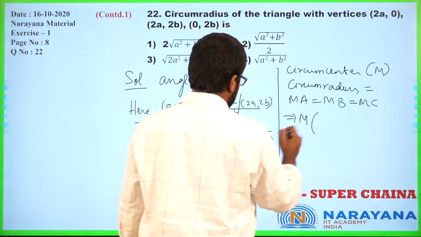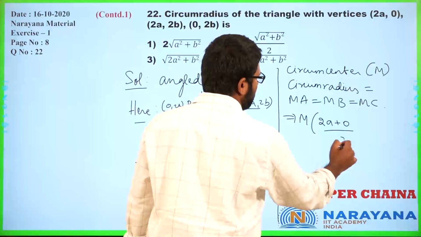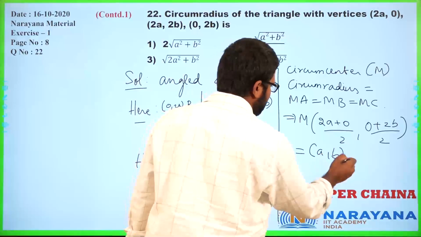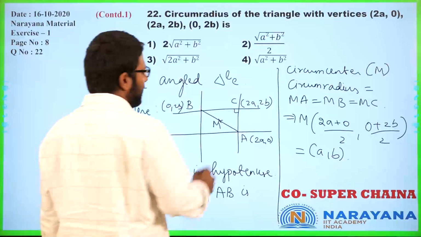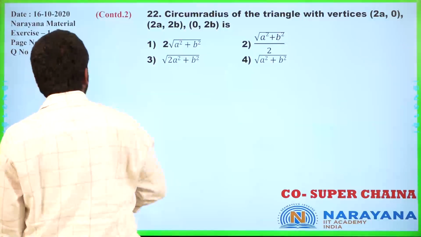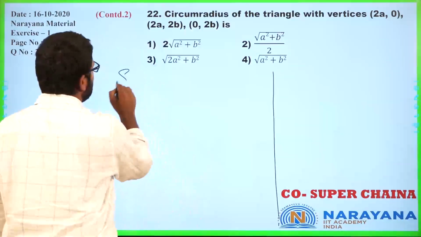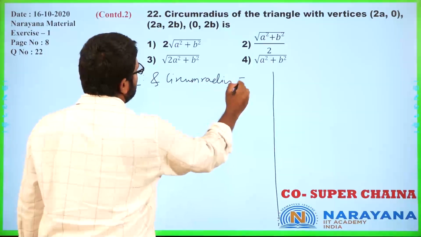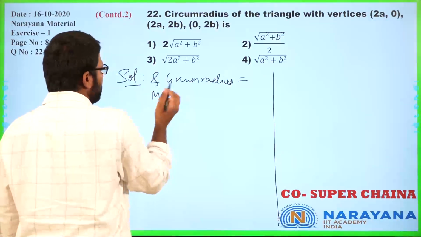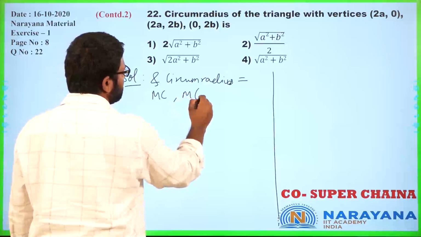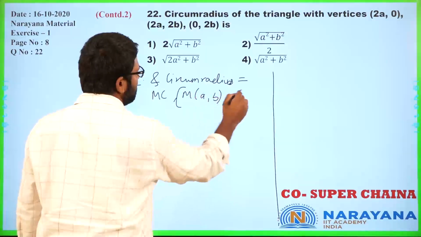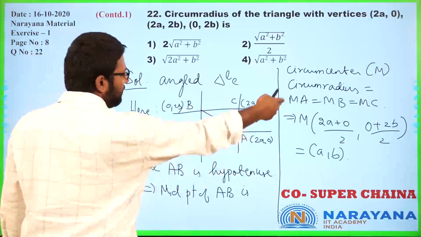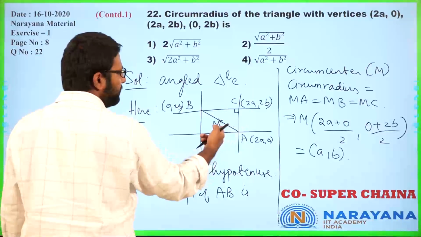M would be (2a plus 0) upon 2 comma (0 plus 2b) upon 2, which is basically a comma b. So M is a comma b, and circumradius equals MC, where M is a comma b and C is 2a comma 2b. You can take any one of the vertices; I am going with MC.